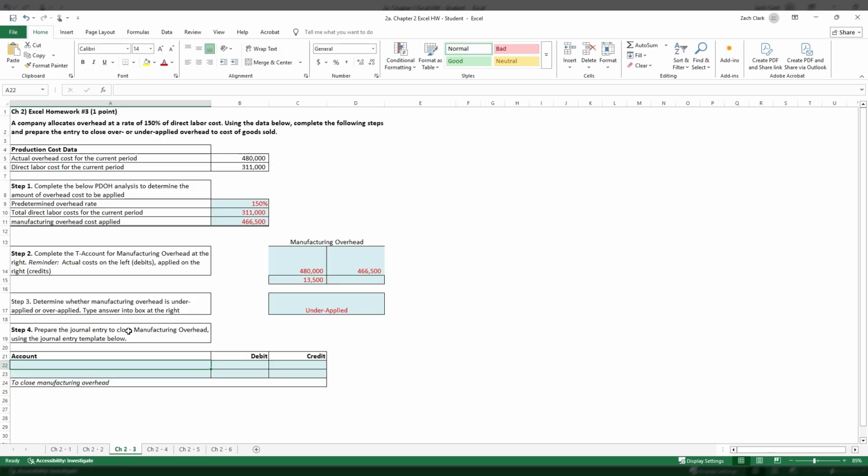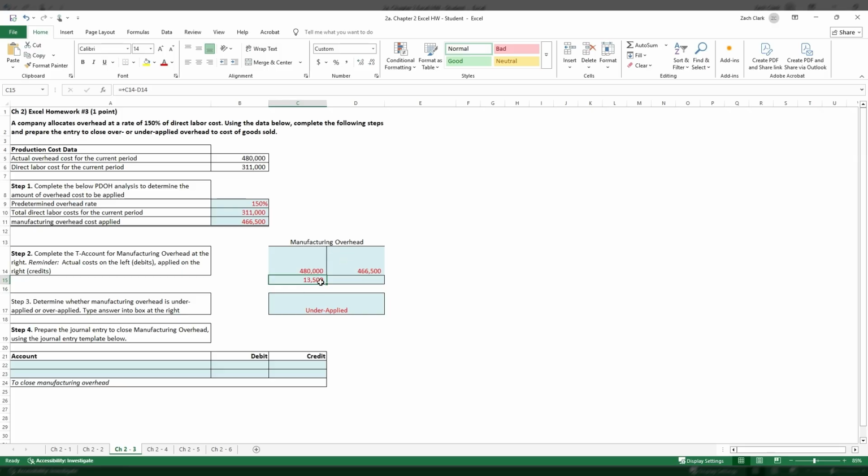Step 4, prepare the journal entry to close this amount to cost of goods sold using the journal entry template below. At the end of every accounting period, or usually at the end of the year, we don't want to have this $13,500 sitting in manufacturing overhead.